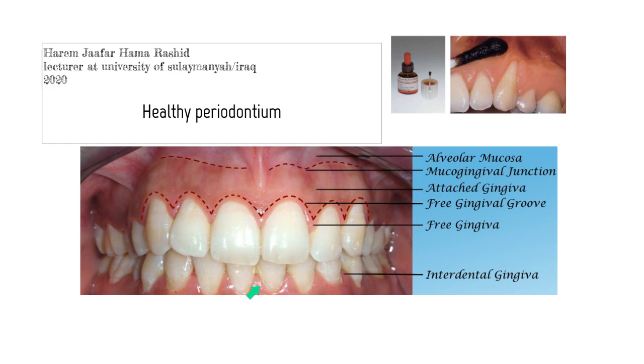So the width of the attached gingiva may vary between different locations inside the mouth. And if there is no inflammation, it may increase during the aging process.